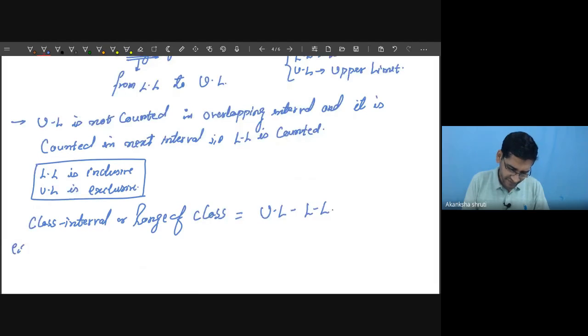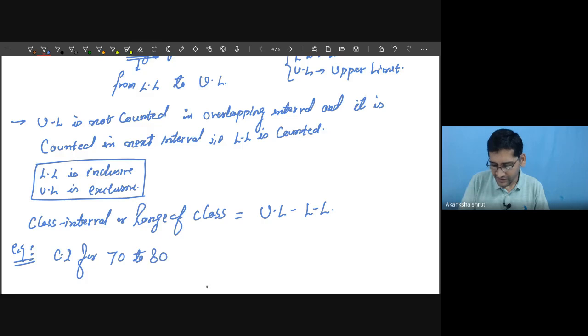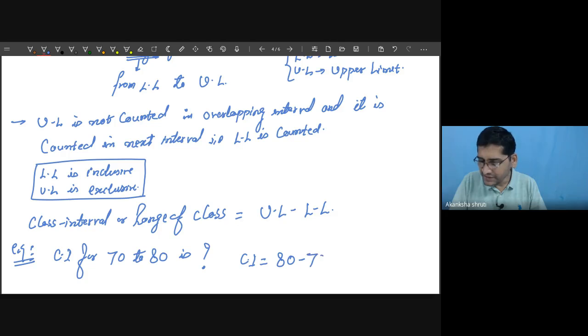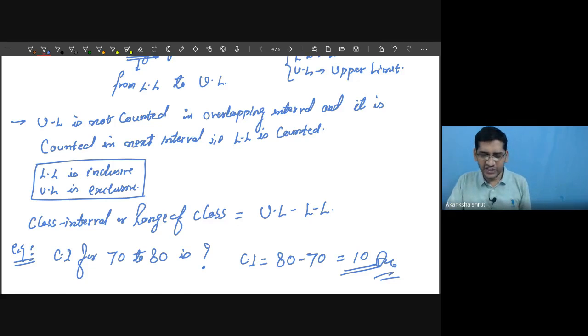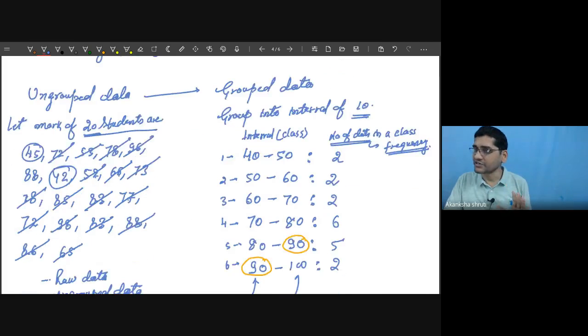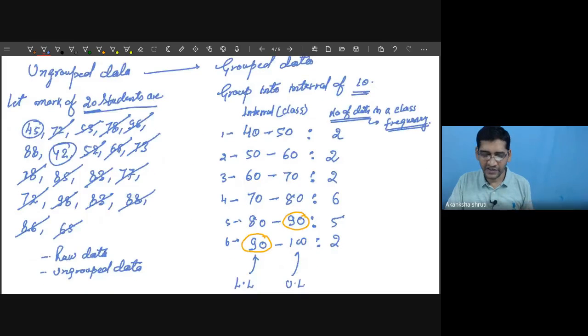For example, say the class interval for 70 to 80 is how much? You have to subtract 70 from 80. So 10 is the answer. Okay. So in each case, you can get the class interval. Let me write the class interval in this data itself.